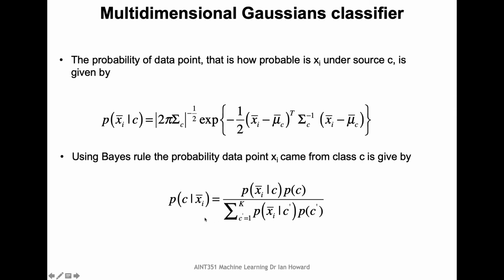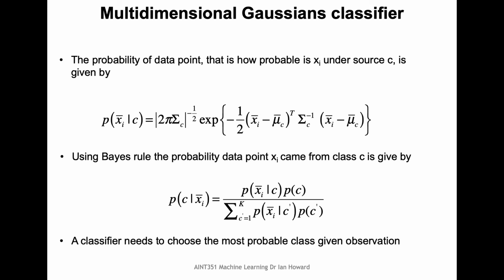Again, most of the time you can actually ignore this expression, because when you're comparing which class it came from, it's the same term in the denominator of all of them, so we don't necessarily need to calculate it. So what we need to do with a classifier then, if we have one of these expressions for each class, is in a naive way just choose the class with the highest probability given the data.